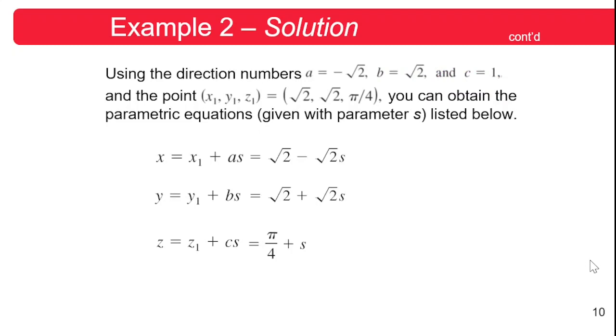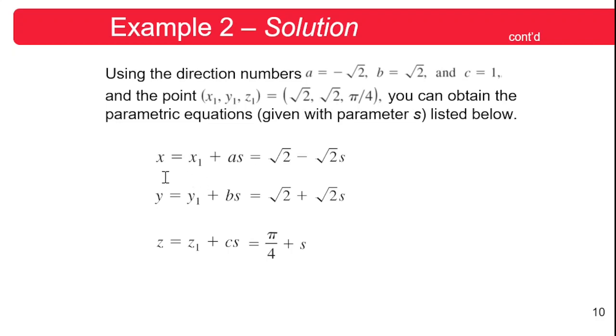Okay, from the first derivative of r(t), we can find the direction numbers a, b, c, where a is negative √2, b is √2, and c is equal to 1. So using these direction numbers and this given point x1, y1, z1, we can obtain the parametric equations of a line.